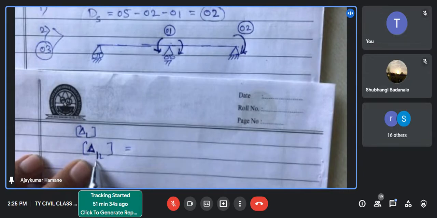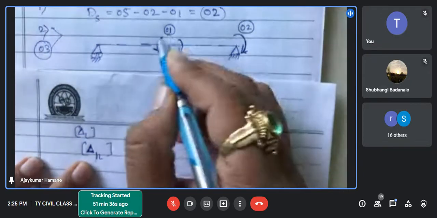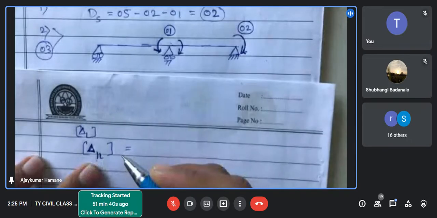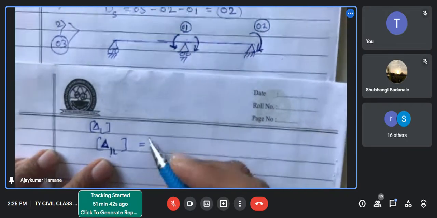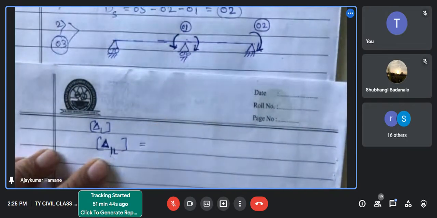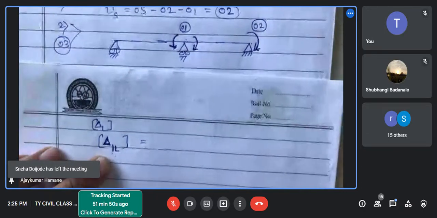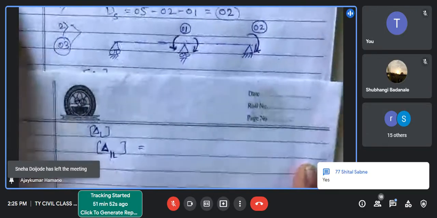Delta is displacement, 1 is the coordinate 1, along coordinate 1, and L is due to the external loading, correct? So what does delta 1L come to? Students, fast. Yes or no?